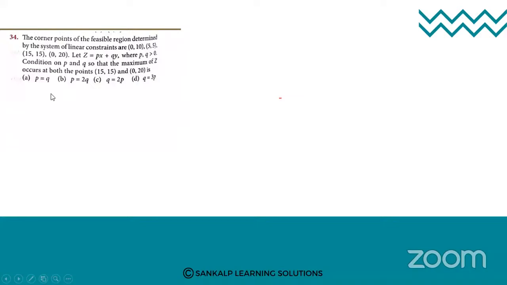First we substitute the point 15 comma 15. When we substitute 15 comma 15, it will be 15p plus 15q, and then when we substitute 0 comma 20, we get it in the form of 20q.